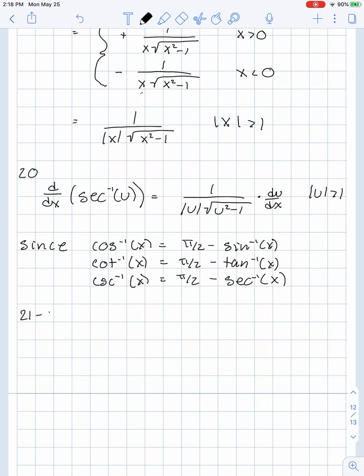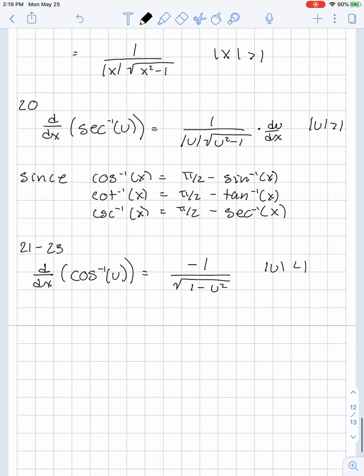So we're going to get the derivative with respect to x of cosine inverse of u is negative 1 over the square root of 1 minus u squared. So the negative version of arc sine. And remember, the absolute value of u needs to be less than 1.